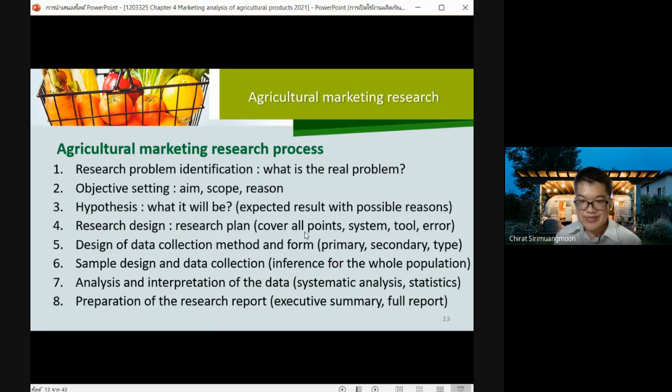And then sample design and also data collection. I would say it is impossible to do the research with all the consumers around the world. Normally they just set and try to see a representative sample for the data.